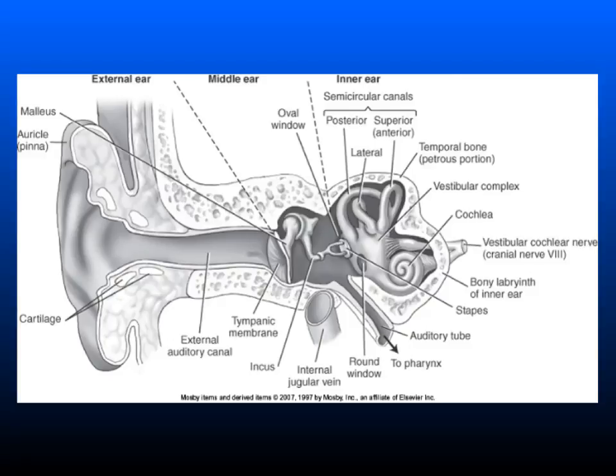So looking at this, where do you think the fluid in the ear is? Is it in the middle ear or inner ear? Inner ear, correct. So there's fluid in the inner ear. There should not be any fluid in the middle ear. What does that cause? Infection. If you see children have an infection of the ear, that means there's fluid in their middle ear.